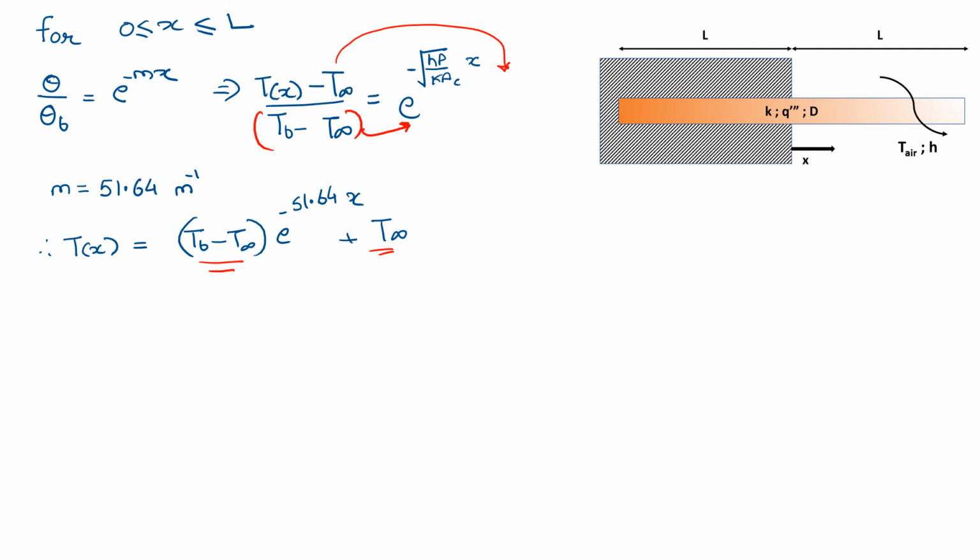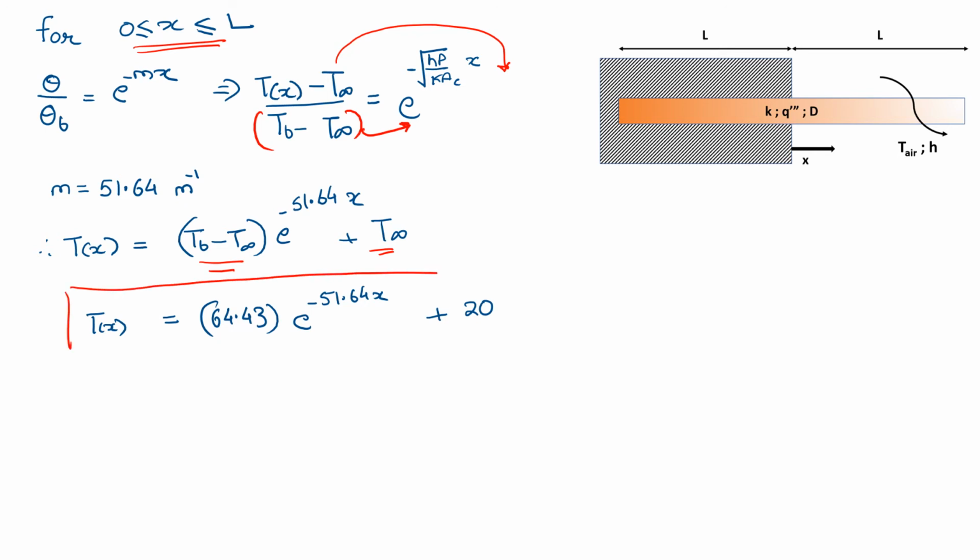So our T of x will be Tb minus T infinity times the exponent of minus mx plus T infinity. This will give us the equation or temperature distribution for x between 0 and L. So this is just for the portion of fin that is outside the insulation. Okay, and this is the temperature distribution that we have.